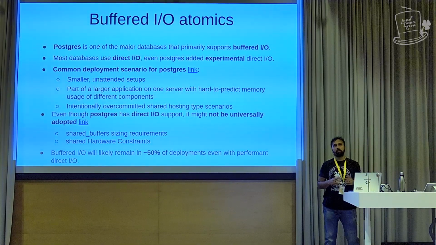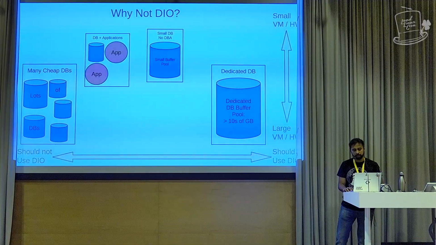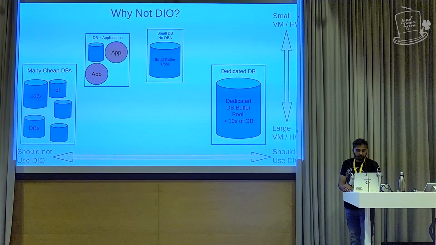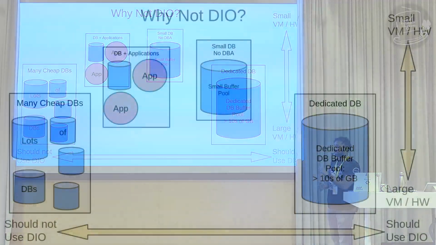I think the next one explains it a bit better. Direct IO makes sense when you have a dedicated server that's just doing Postgres or some database, and it has all the memory it wants.